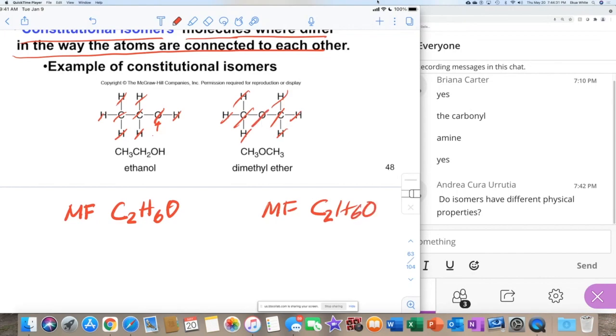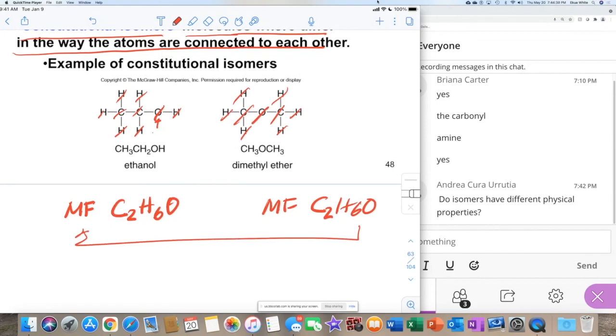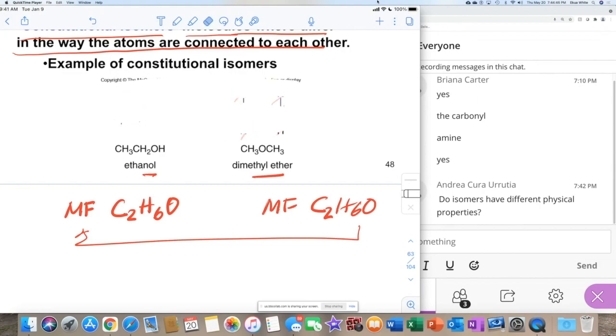How many oxygens? 1. Okay, so these are isomers. But look at how differently they're connected. They have different functional groups. If I erase all these markings on here, on the alcohol side, you can see the oxygen is as far right or far out as it can be.